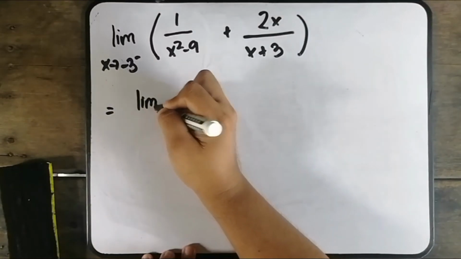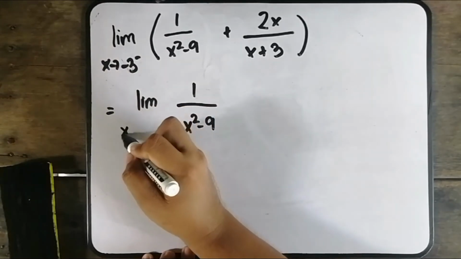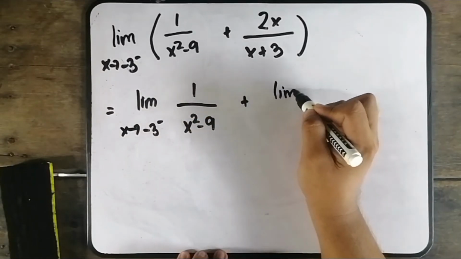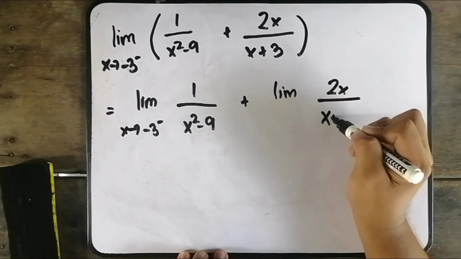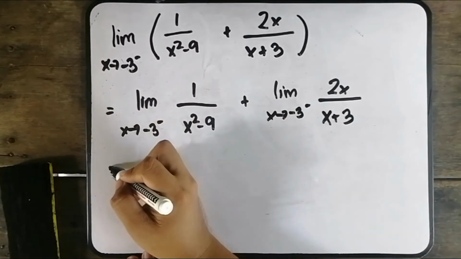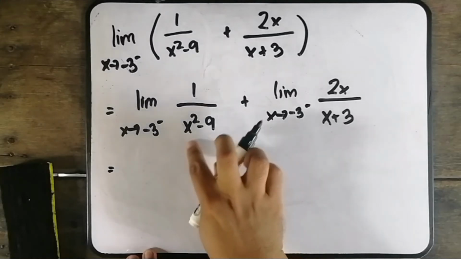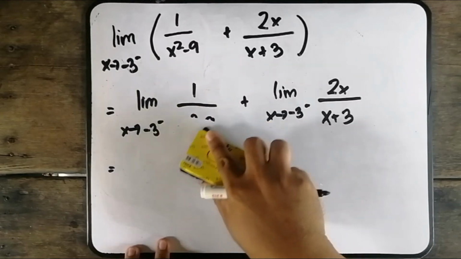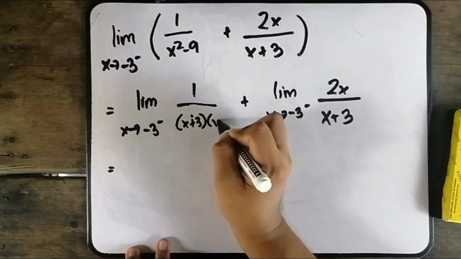So we have the limit of 1 over x squared minus 9 as x approaches negative 3 from the left plus the limit of 2x over x plus 3 as x approaches negative 3 from the left. So this becomes now, we can actually factor this out, x squared minus 9, that is equal to (x plus 3)(x minus 3).